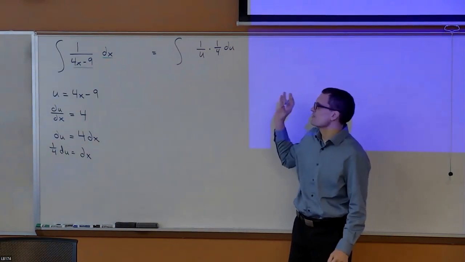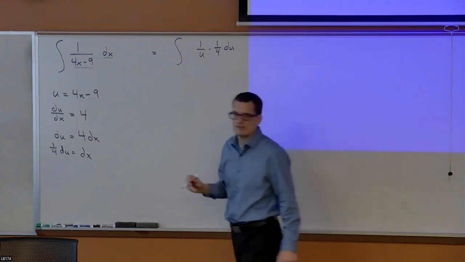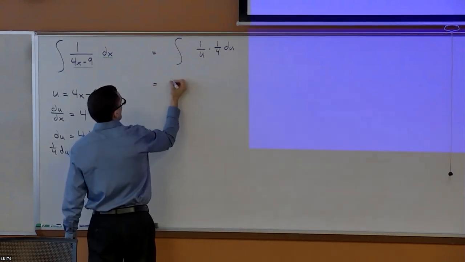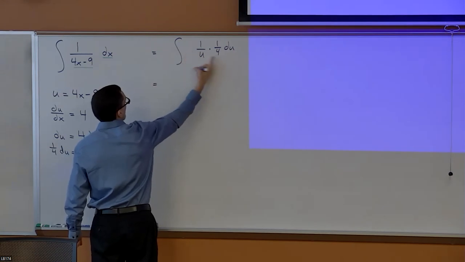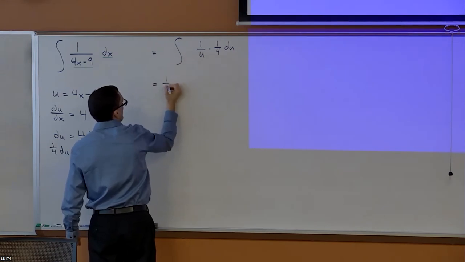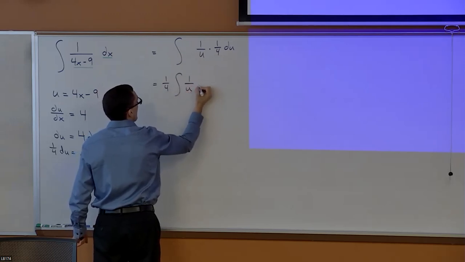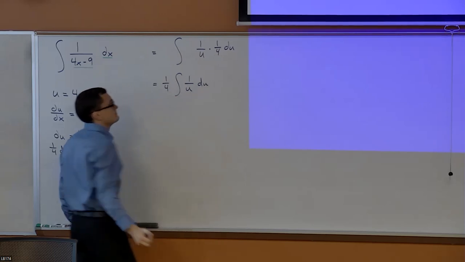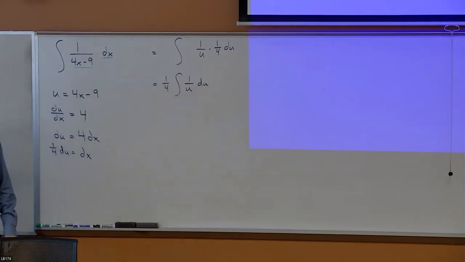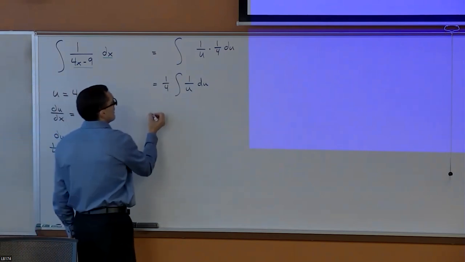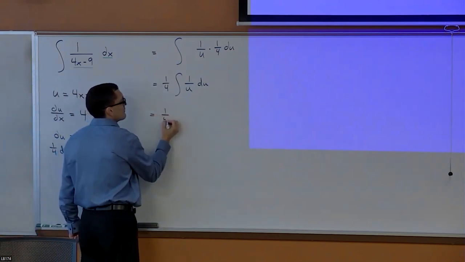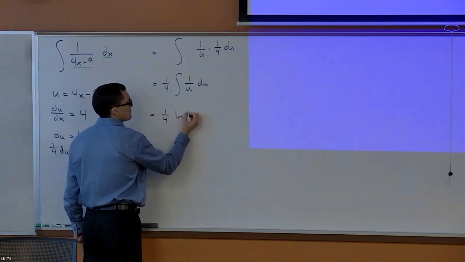Now that 1/4 is just a constant, so I can pull that in front if I like. I can even pull it all the way out because everything's being multiplied. And then when we integrate 1 over u, that's one of our special cases.